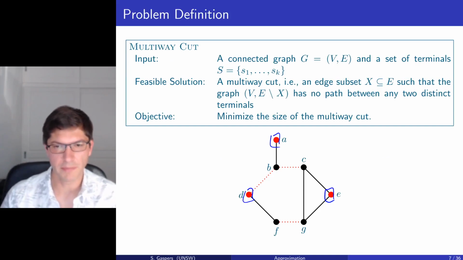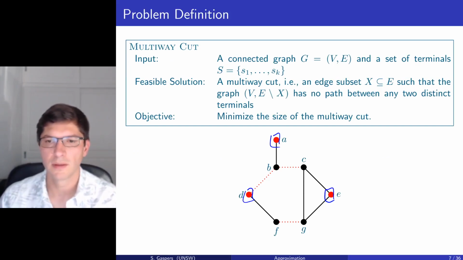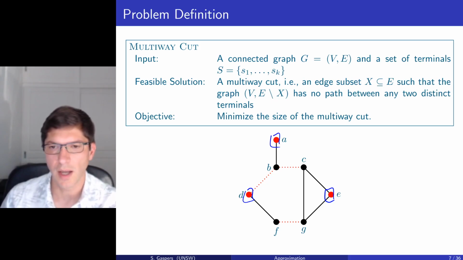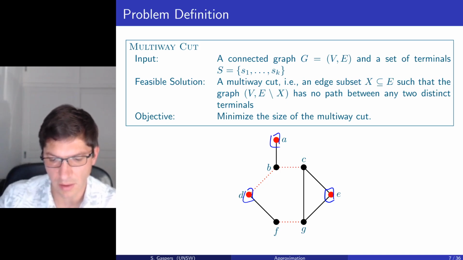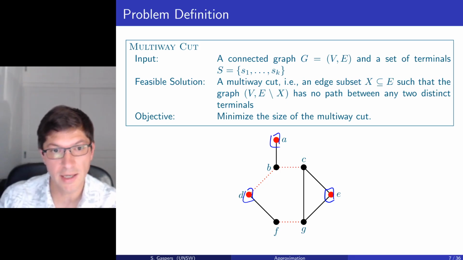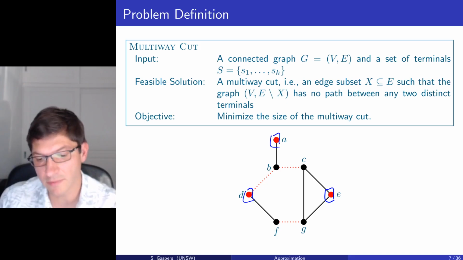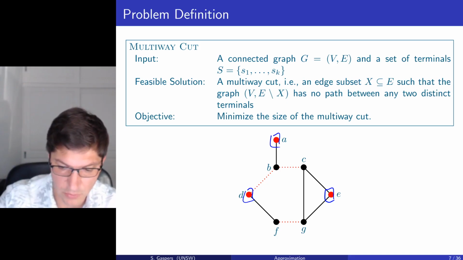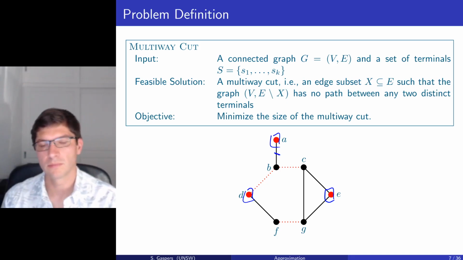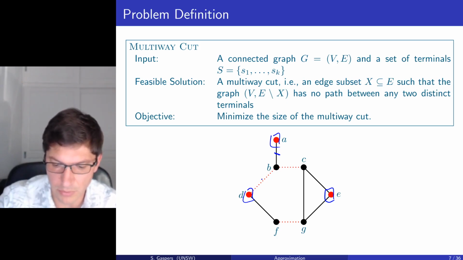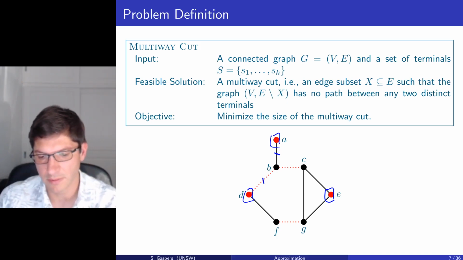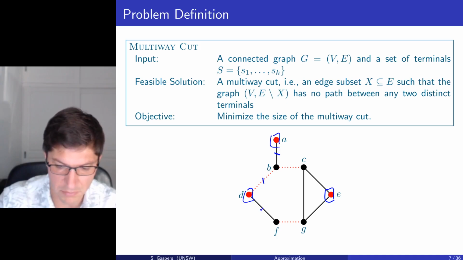Okay, so if we look back at this example now, our algorithm would not actually compute this cut because, for example, for separating A from all the other terminals, there is a smaller cut, so it would select this edge AB. To separate D from all the other terminals, it might compute the edge DB and also DF, let's say.